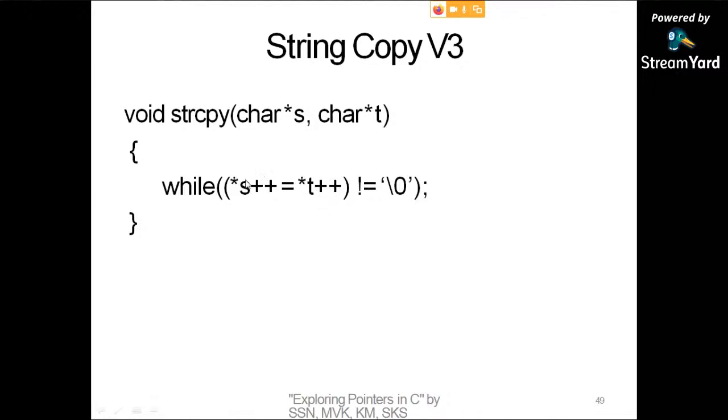This is a shorthand notation for copying each and every content until we reach null. So you need not say s plus plus and t plus plus inside the body of the while loop. In this case, I have put a semicolon here, so the body of the while loop is actually blank. So this is a single line statement for copying the string from t to s.